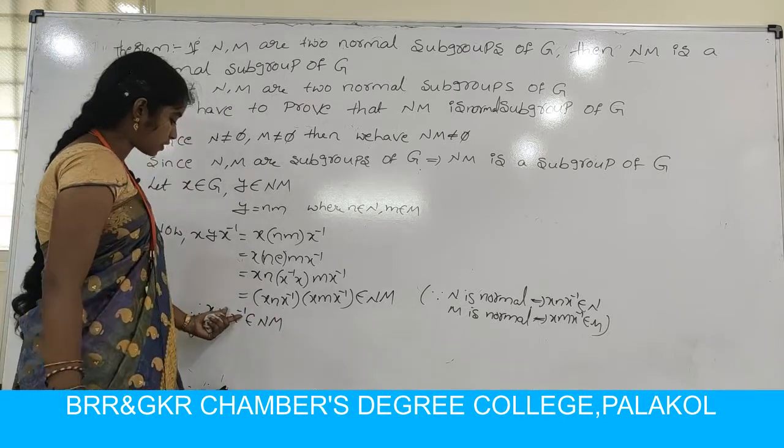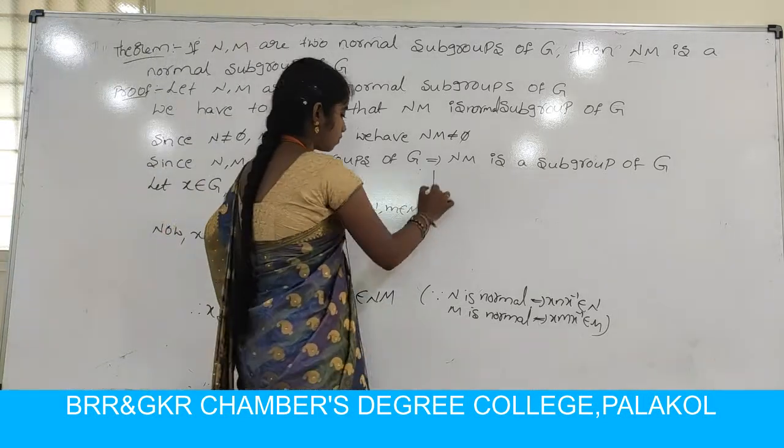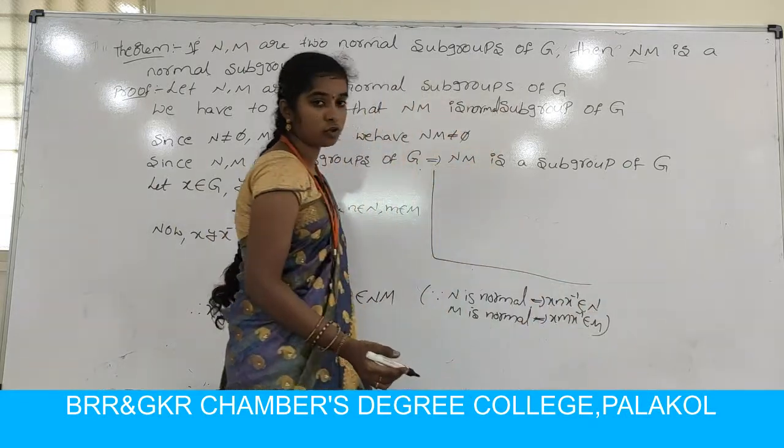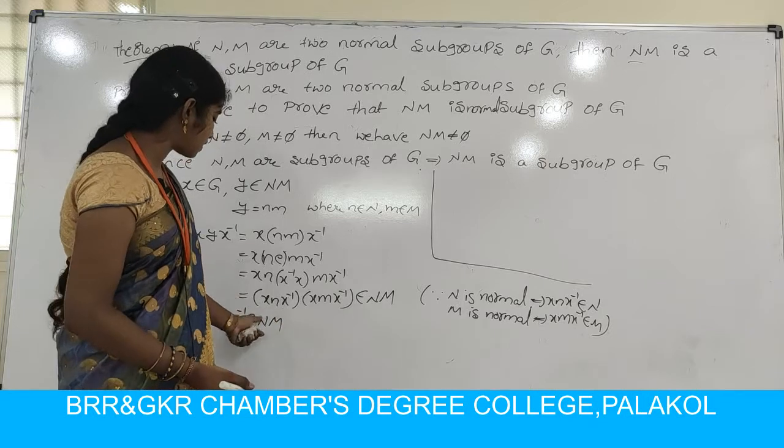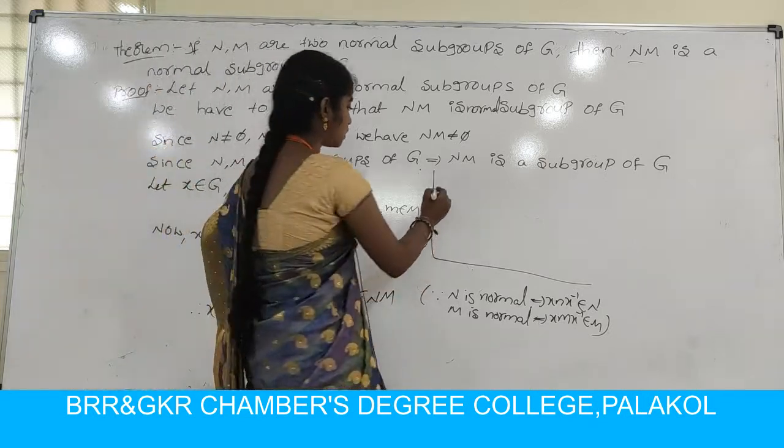This is the main condition for a normal subgroup. So that means NM is a normal subgroup of Z.